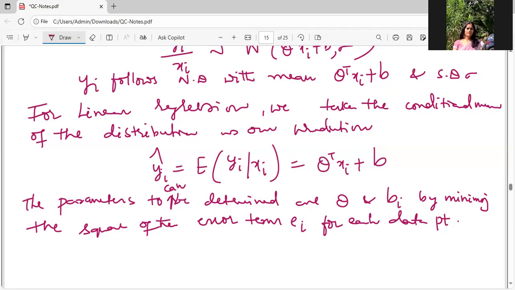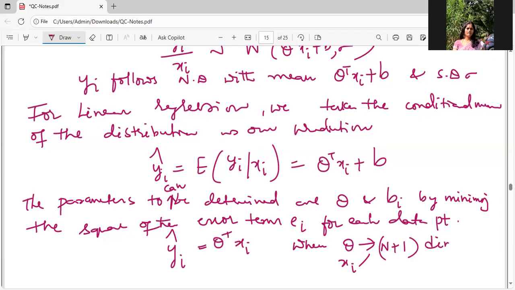Hence, with this, the prediction would be ŷi is equal to theta transpose xi, where theta and xi are both n plus 1 dimensional vectors. Okay.